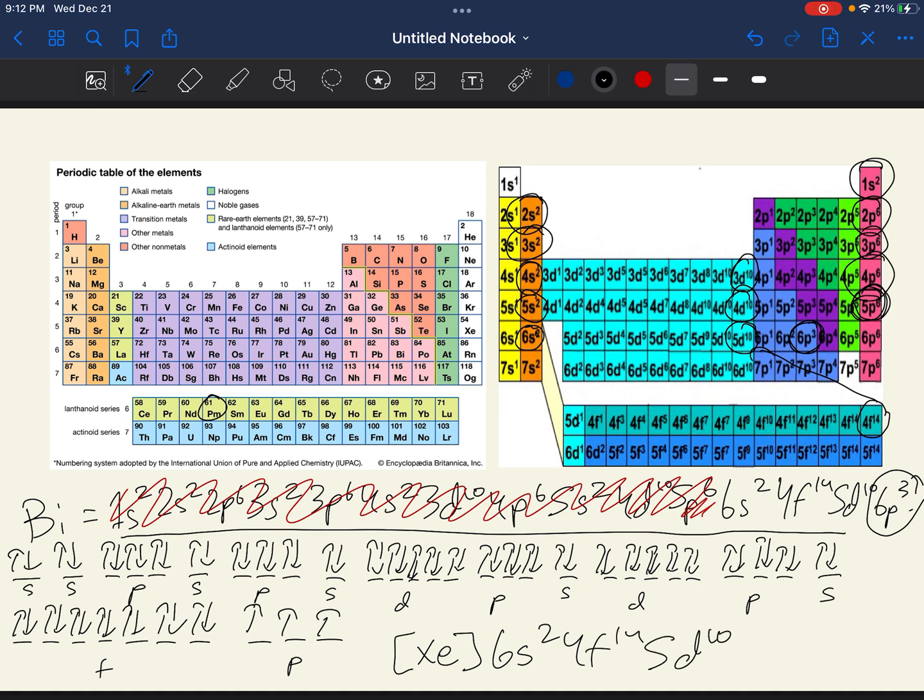5d10, and 6p3. And I think this will give you kind of a clarity of why noble gas configuration exists, is because if we have to deal with these big electron configurations for some of these elements, it's going to be hard to write all of this. So an easier shortcut is to do noble gas configuration.